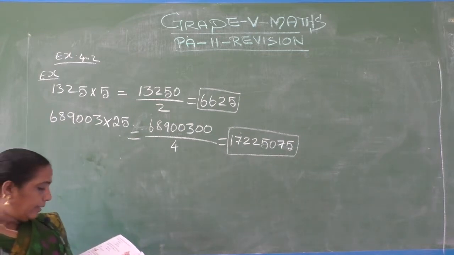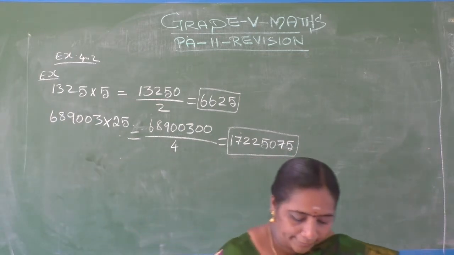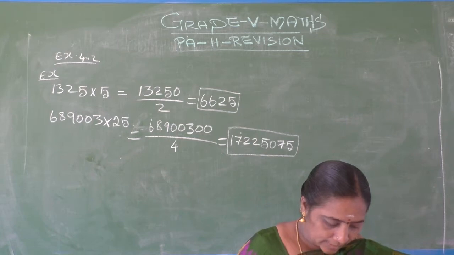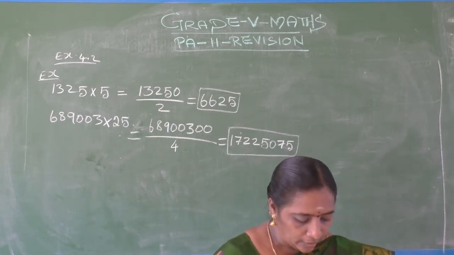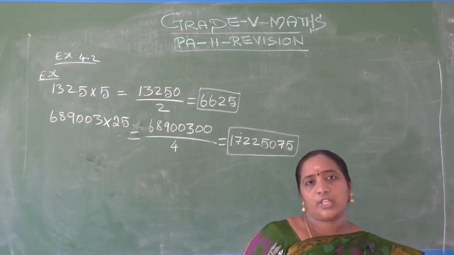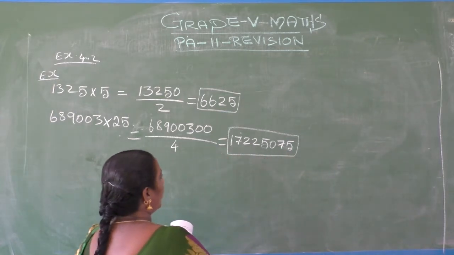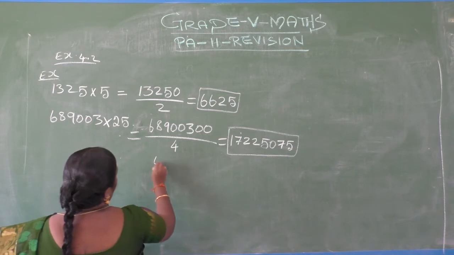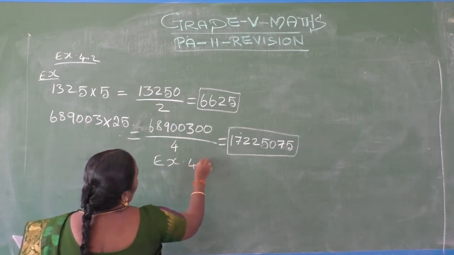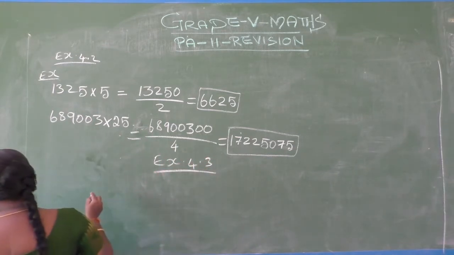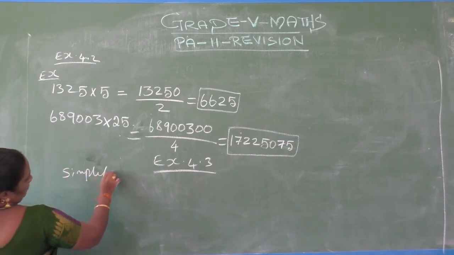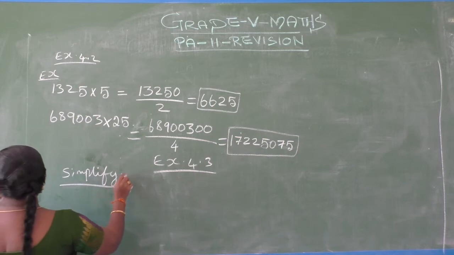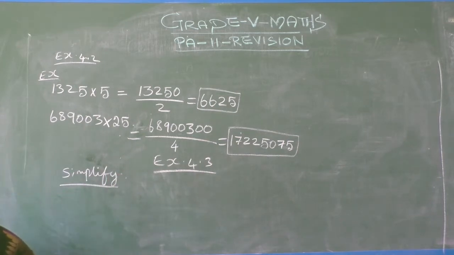Then in exercise 4.3 we saw the simplification sums. You know the rules according to the BODMAS rule, how to use the simplification.